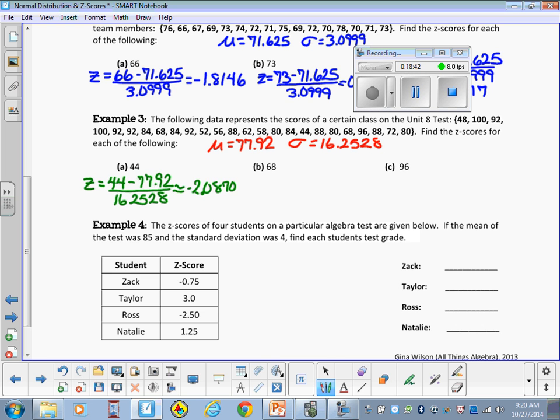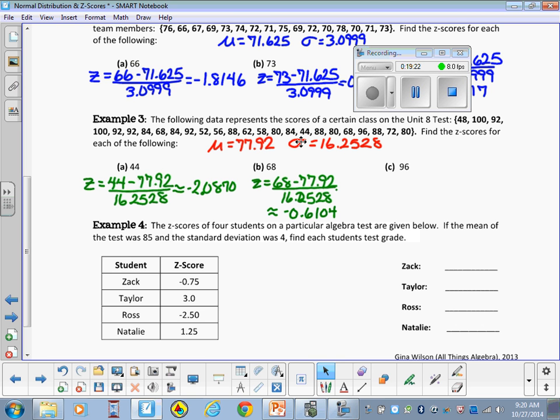Let's look at the 68. I'm going to put it down here, approximately negative 0.6104. So almost a full standard deviation below, but not as bad as that 44.